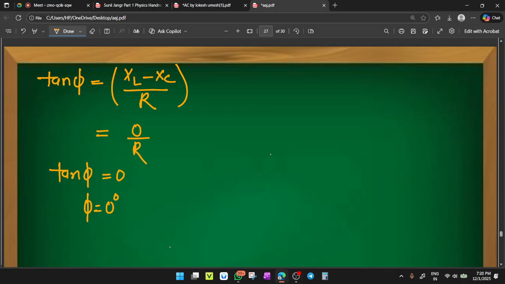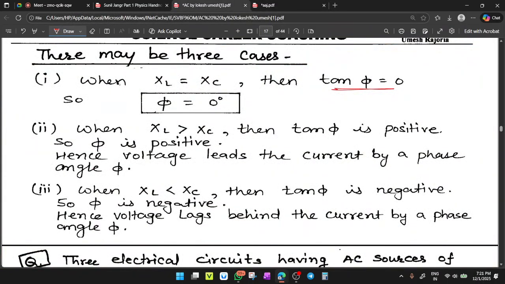An angle of phase equal to 0 degree means the alternating EMF and current are in the same phase. So the current is in the same phase with the applied EMF.